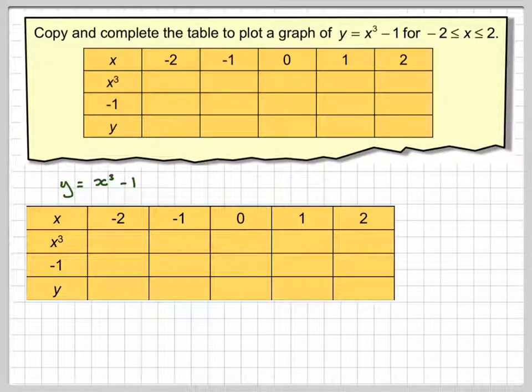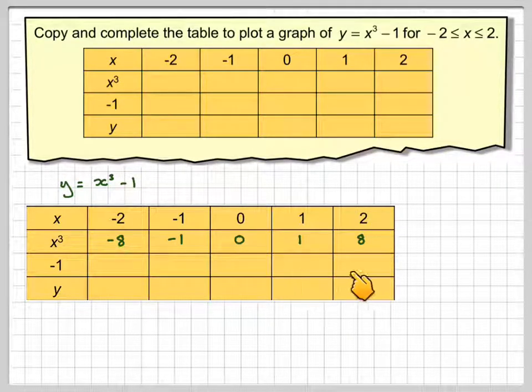Here's the table. So the table helps us actually find the y coordinate for a given x coordinate. So these bits in the middle are what we're going to be calling working out. So filling in the table, minus 2 cubed, minus 2 times minus 2 times minus 2 is minus 8, minus 1 cubed is minus 1, 0 cubed is 0, 1 cubed is 1, and 2 cubed is 8.